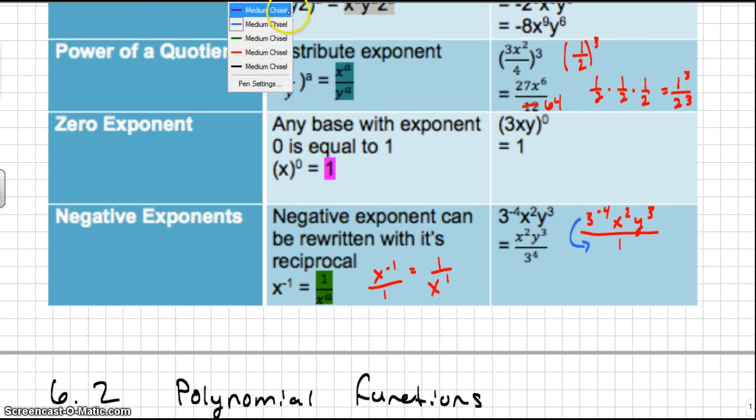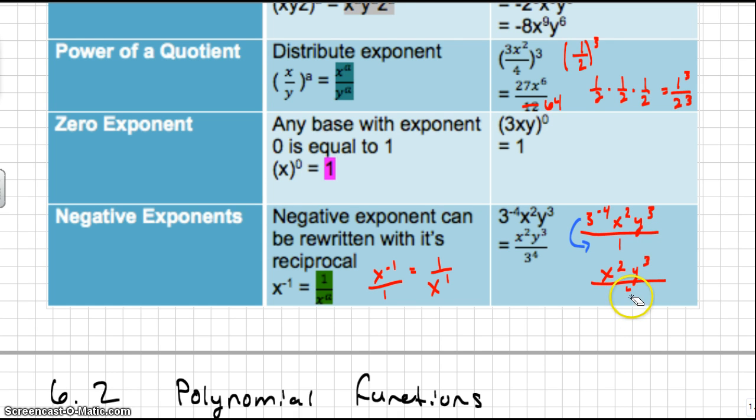So it becomes x squared y cubed. I don't move those because they're positive, over 3 to the 4th. And you would simplify this even more and find out what 3 to the 4th equals, but again, I'm not really worried about that. It would be 81 though. Actually, let's make it 81. There we go. That would be your final answer.